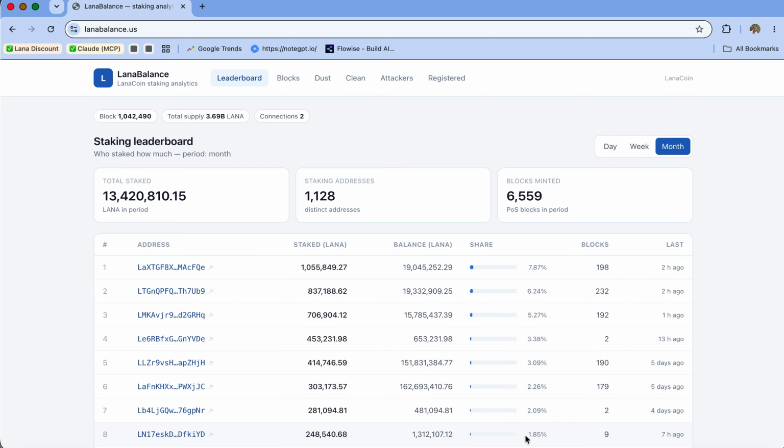You can go through. So how this works is that it is connected on Node, on staking wallet, and it is taking every block, and it is analyzing every block, every transaction.